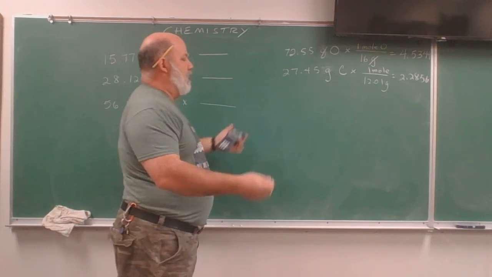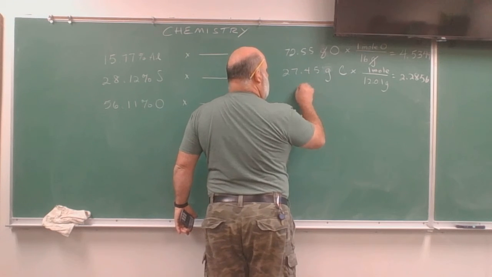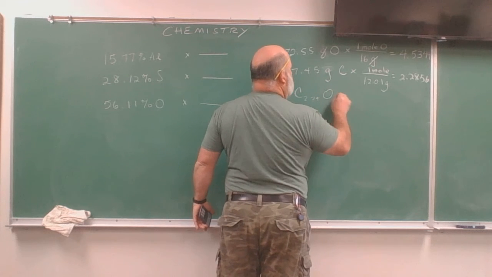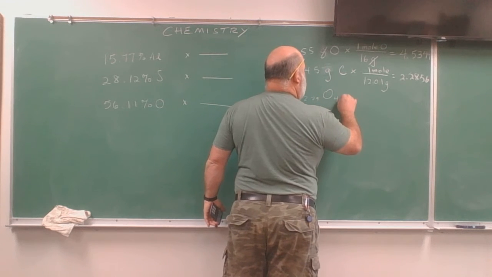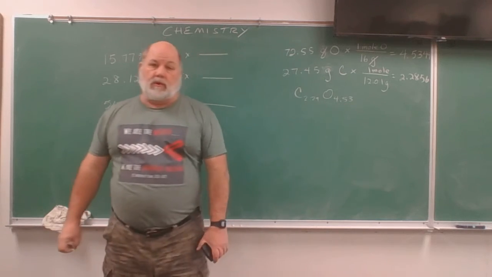Okay, and you go, well, great. So is this my composition? Carbon 2.29 and oxygen 4.53. These must be whole numbers.